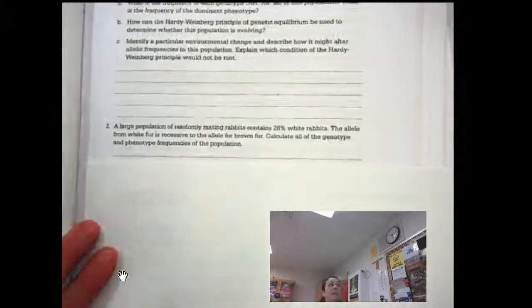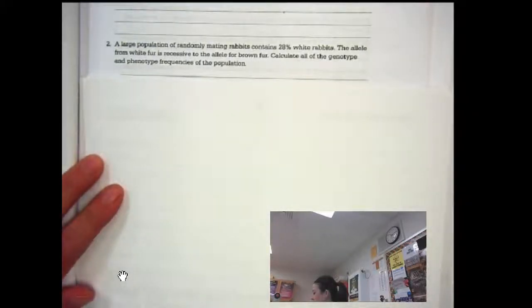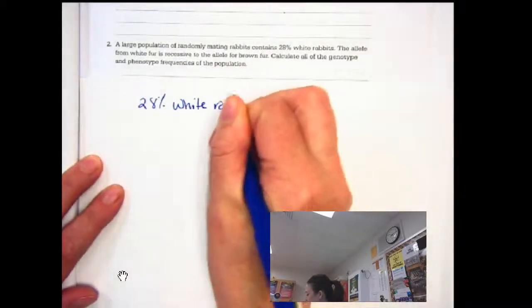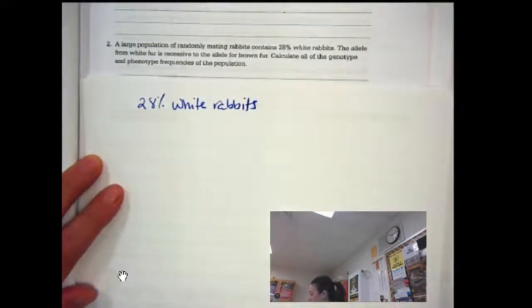Let's look here at number 2. We have a large population of randomly mating rabbits, and they contain 28% white rabbits. The allele for white fur is recessive to the allele for brown fur.